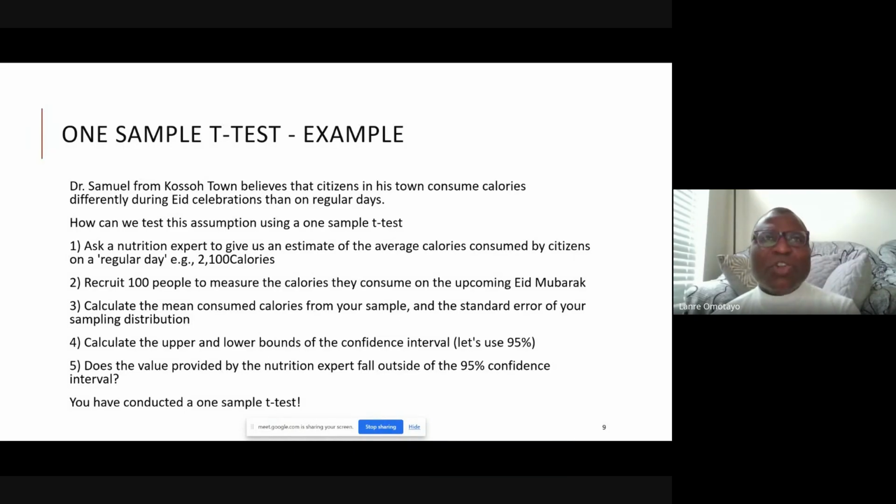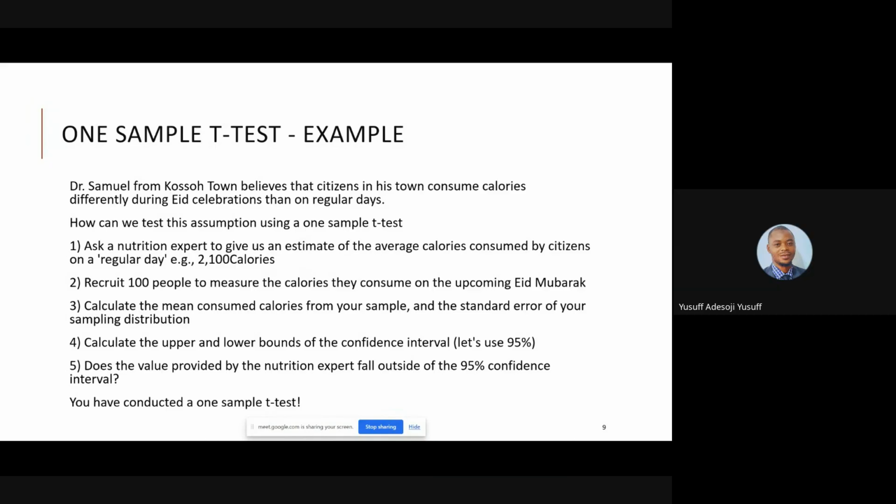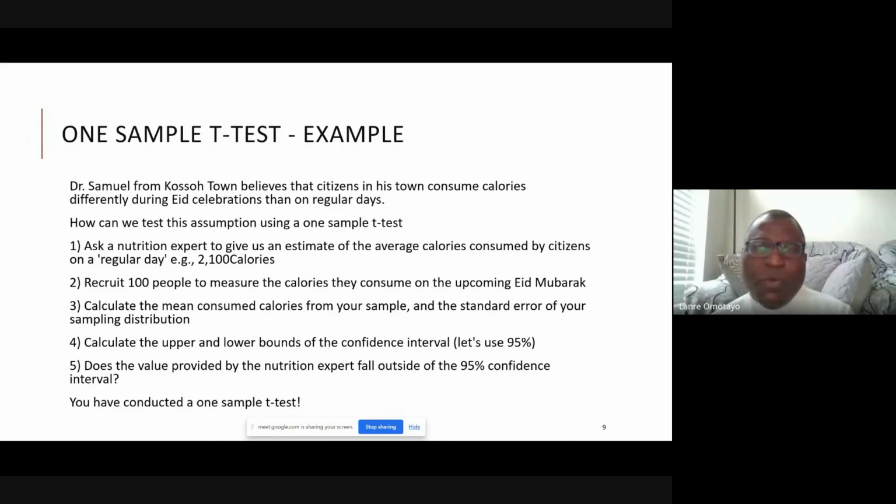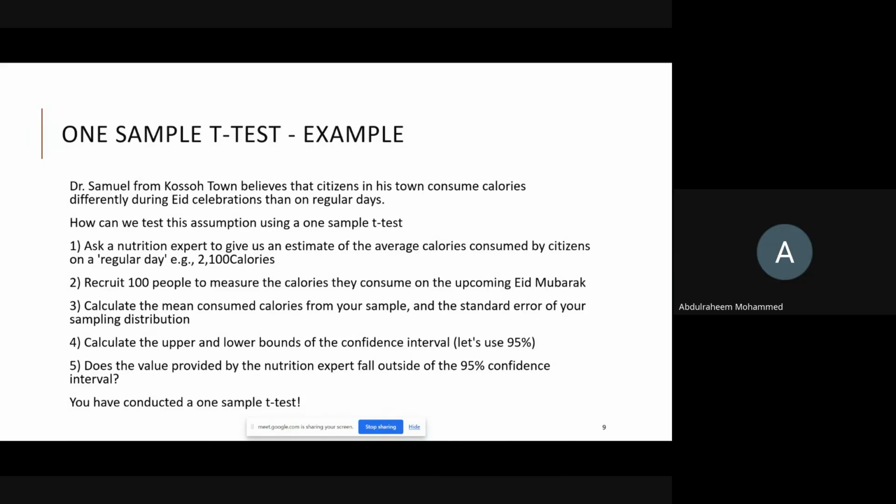The amount of calories those 100 people take, the average amount of calories you calculated, what would we call that? I mentioned it before. Somebody should tell me. So the sample is these 100 people, right? So the average amount of calories that they consume that we estimate would be the mean.